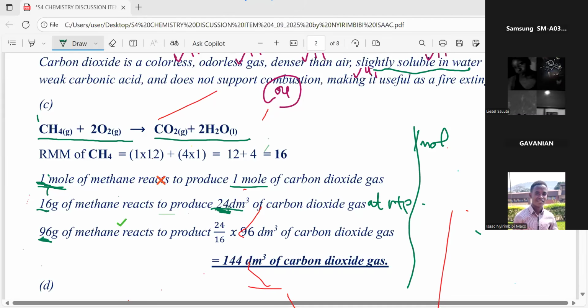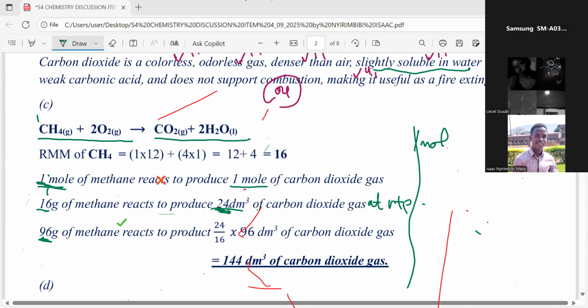Now, how do you recognize that they need the question? It is from stoichiometry. Oh, stoichiometry should never disturb you. Stoichiometry is just using an equation to determine amounts, either produced or used. And how do you know that is from stoichiometry?